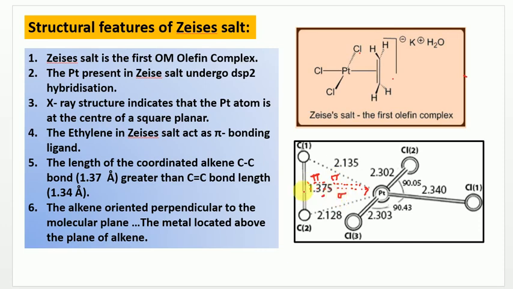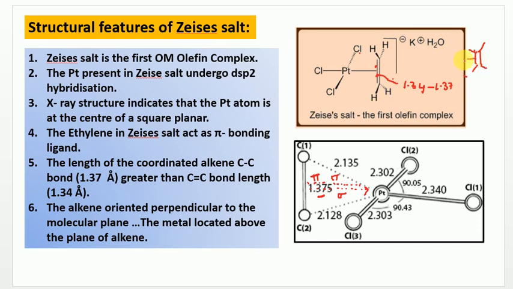Here the length of the CC bond during this formation is going to increase from 1.34 to 1.37. Normally the double bond length is 1.34, but as it has donated these pi electrons, the bond length increases from 1.34 to 1.37. At the same time, generally in ethylene all 4 hydrogens are in the same plane.